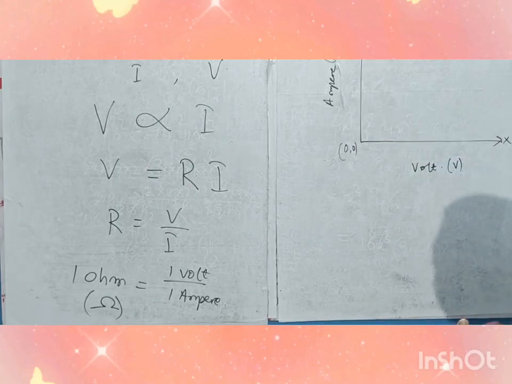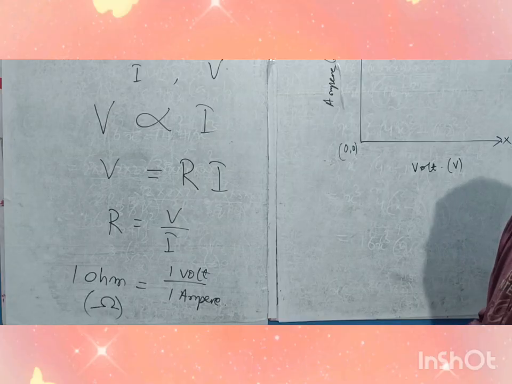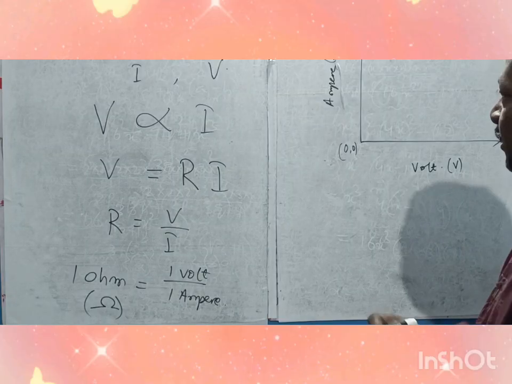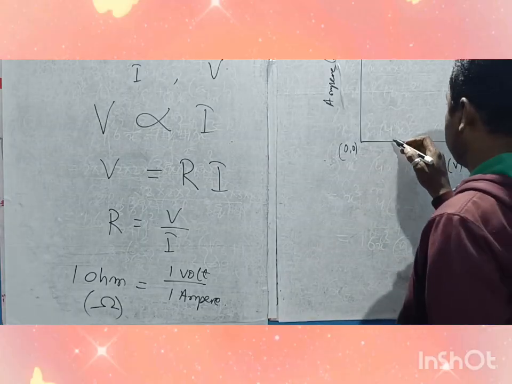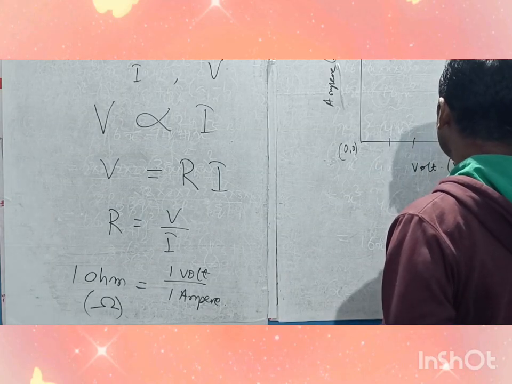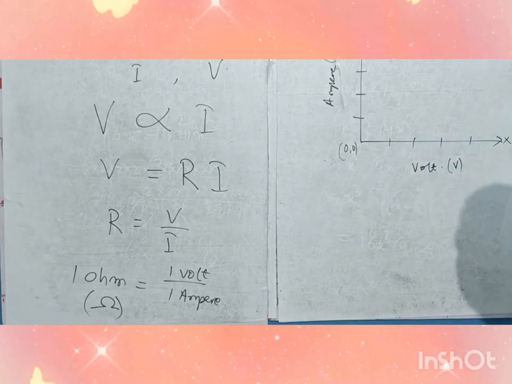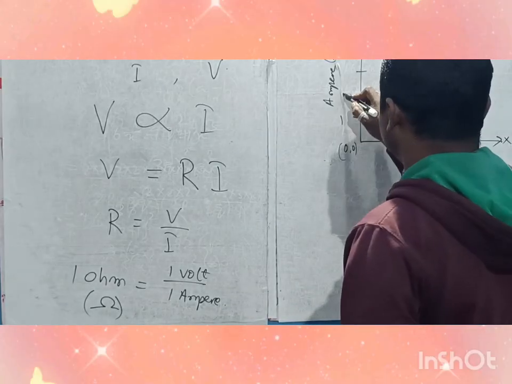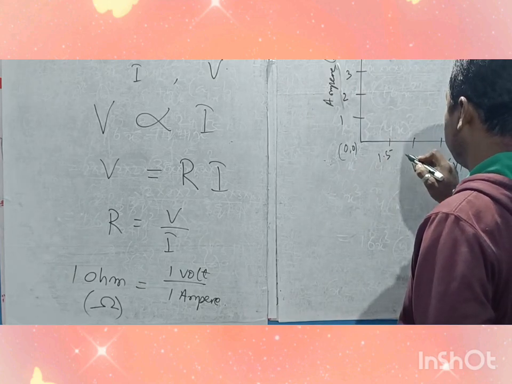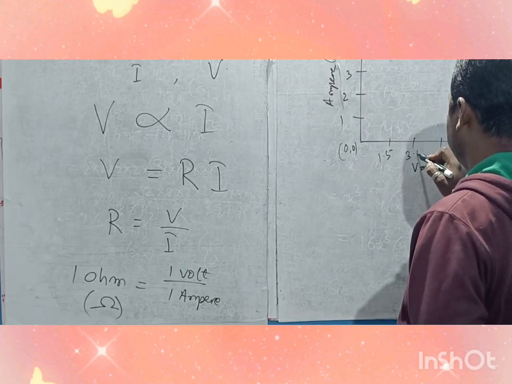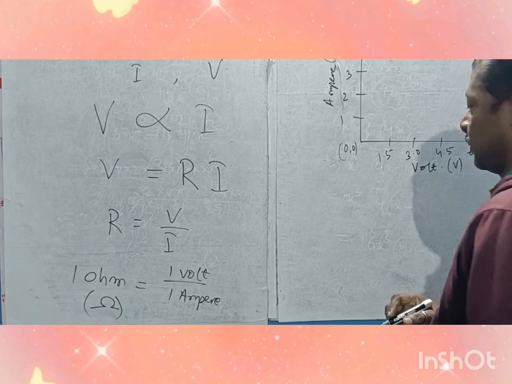So, if I take volt and increase it in a definite sequence, the amount of current also increases. Okay, let's increase in a systematic way. Suppose this is 1 ampere, this is 2 ampere, this is 3 ampere, this is 4 ampere. This is 1 cell, 2 cells, 3 cells, and 4 cells.